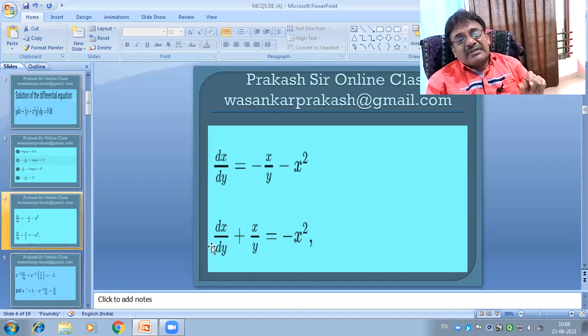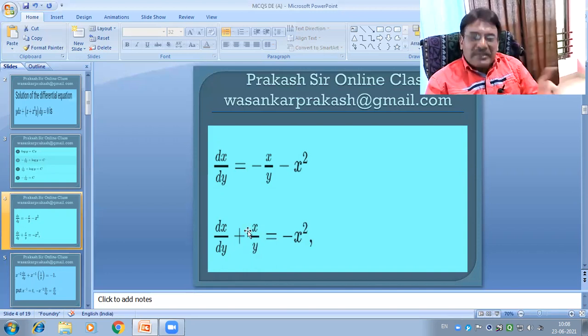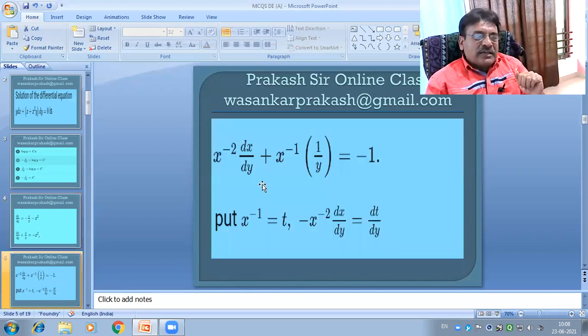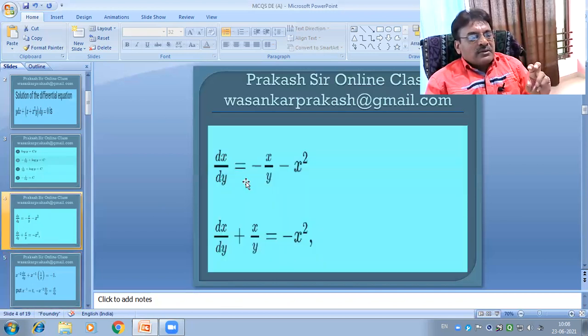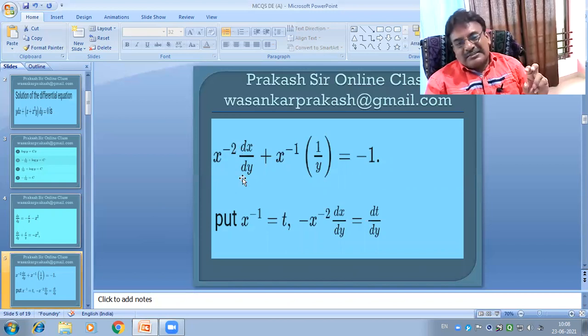By the indices rule, 1 by x square can be written as x to the power minus 2, into dx by dy, plus 1 by x square, then one x gets cancelled, so 1 by xy, equals minus x square upon x square, so we get minus 1. Here 1 by xy, this x can also be written as x to the power minus 1. Therefore we get this step after multiplying both sides by x to the power minus 2: dx into x to the power minus 2, so we get x to the power minus 2 into dx.